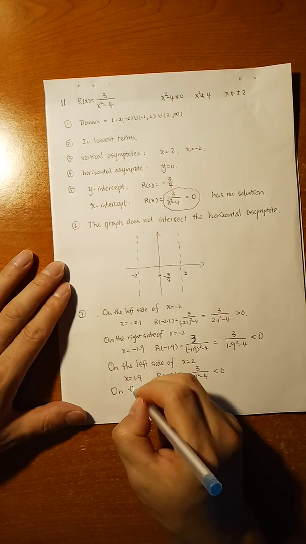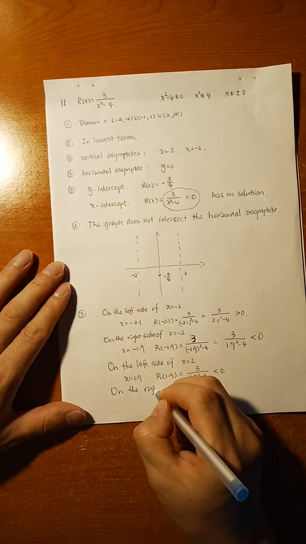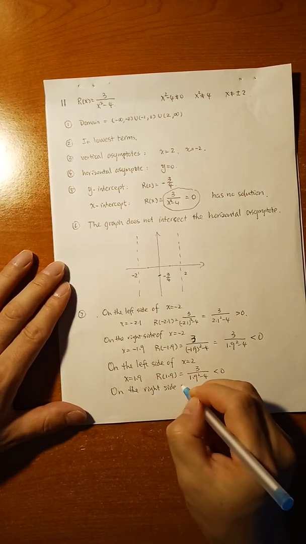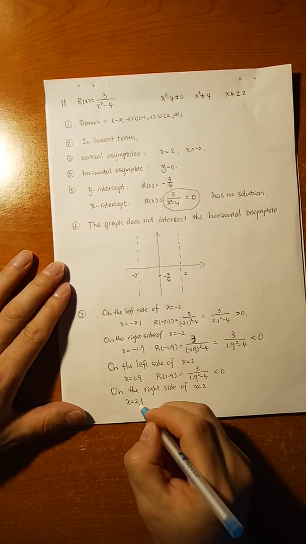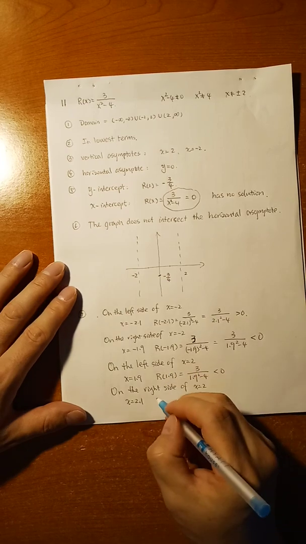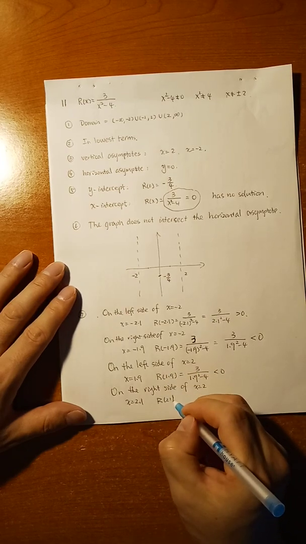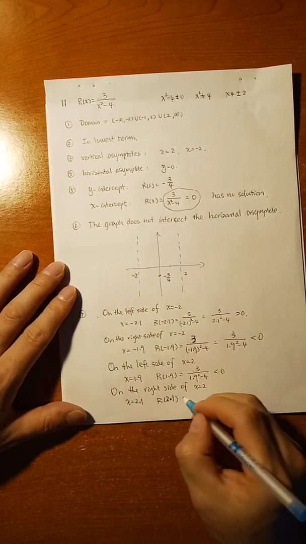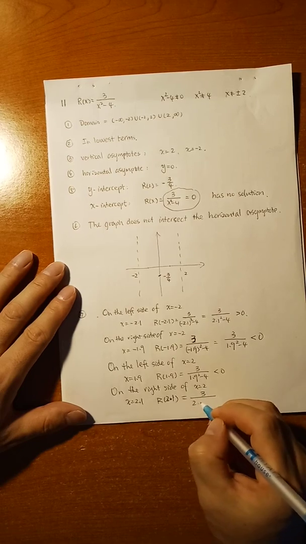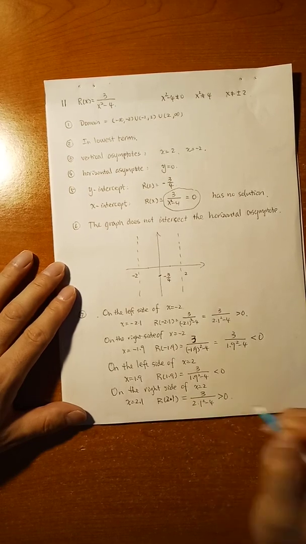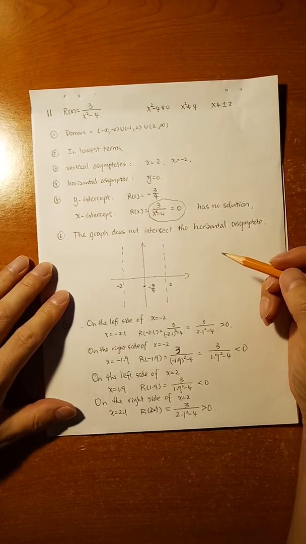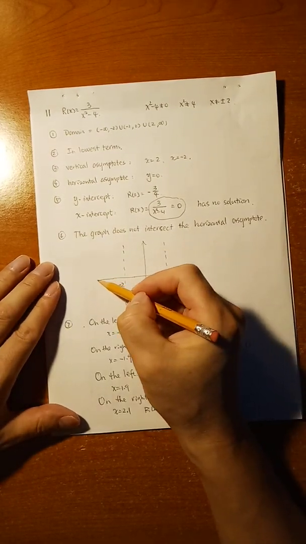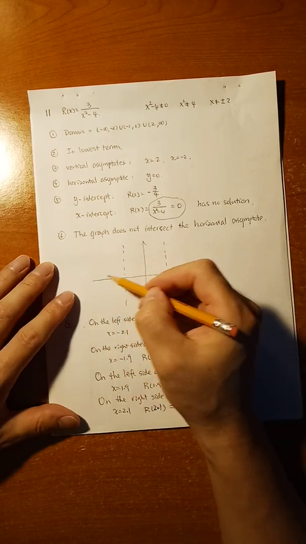On the right side of x equal to 2, let's choose x equal to 2.1. r of 2.1 is 3 over 2.1 squared minus 4, which is positive. Okay, so let's check. Eventually, the graph will approach 0.